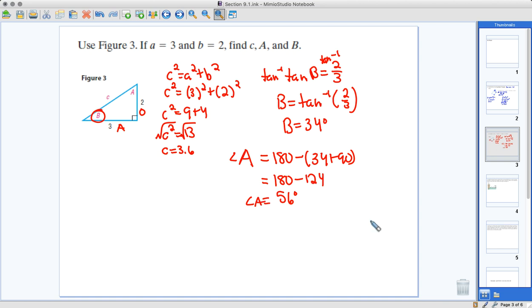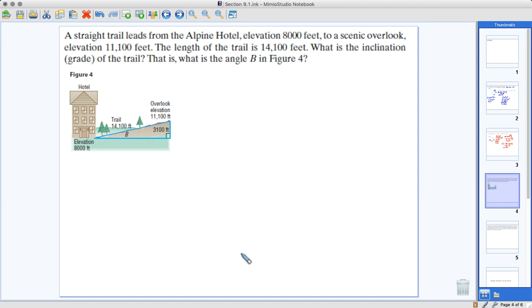Okay, so again, that's all review for you. You've done all of that before. Take it one step further, we're going to apply it to a story problem. So, got your picture, elevation 8,000 to a scenic overlook at 11,100.